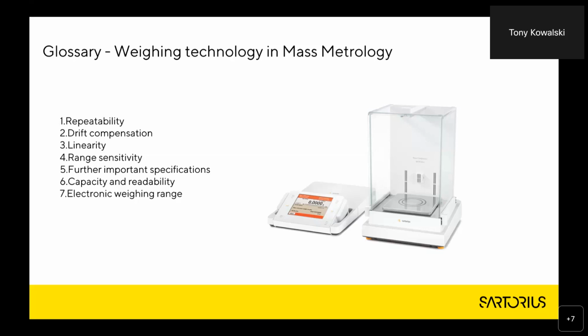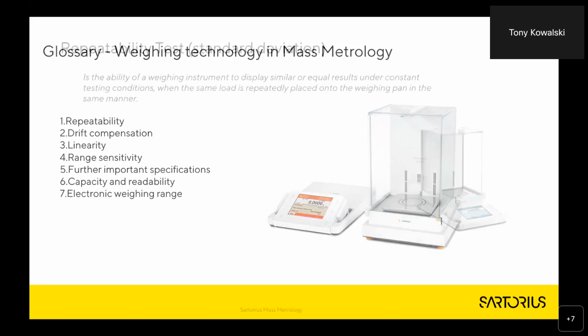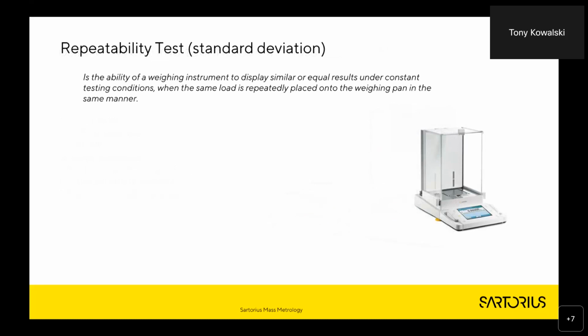So let's start with repeatability in this case. How we would do the test on a standard laboratory balance, just to give you an idea of the differences. In a laboratory balance, we need to measure the ability of the balance in the same testing conditions with the same test load. How is the balance able to perform? Is it able to give the same value or very close to the same value on a number of repeat weighings?